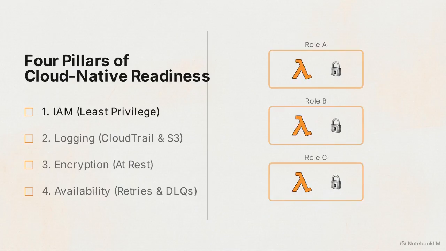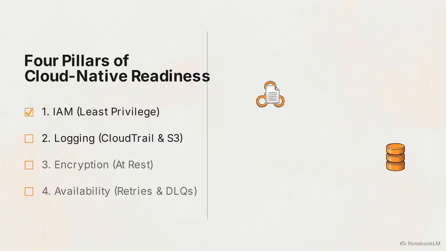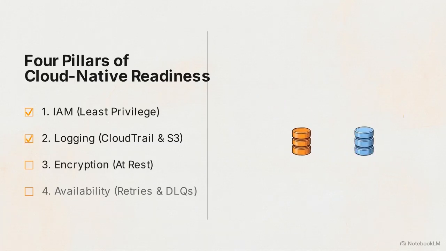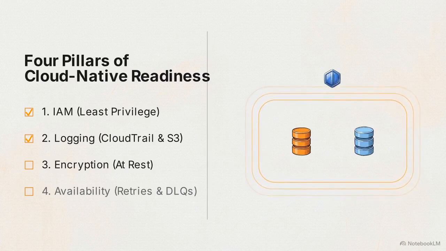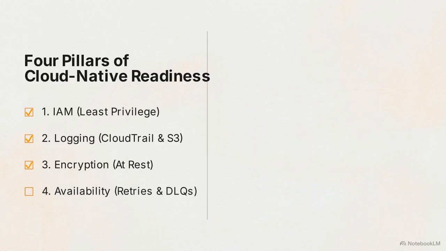Pillar 2 covers logging. You need to enable CloudTrail to capture all API activity and configure those logs to store securely in an encrypted S3 bucket. Pillar 3 focuses on encryption. Verify that the AWS Key Management Service is actively encrypting all data within your S3 buckets and DynamoDB tables. Pillar 4 guarantees availability.